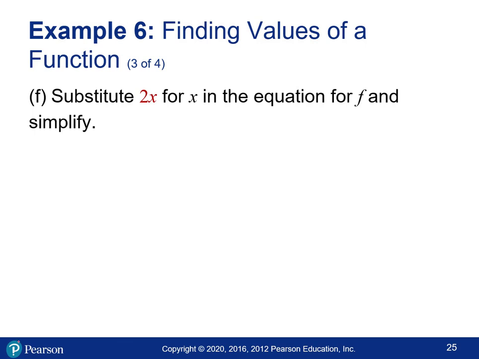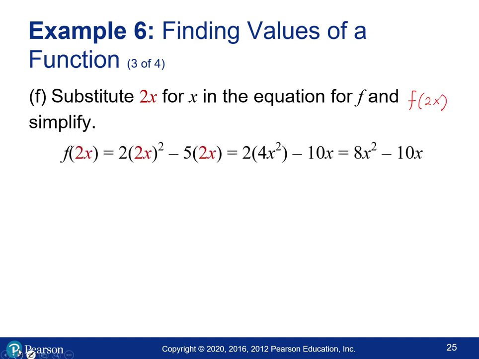And then part F, the question was, f of 2x. What is f of 2x? So exactly in the function where there used to be an x, we write a 2x. So real quick, one more time, let me show you how this goes. You always go back to your original function and you say, okay, right where there's an x, I'm just doing it one more time so you really clearly get this idea.